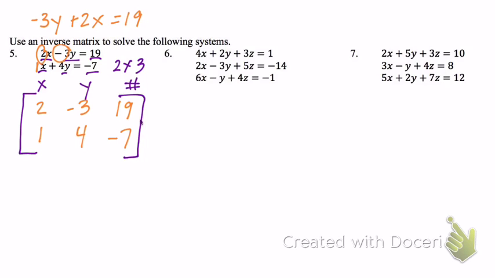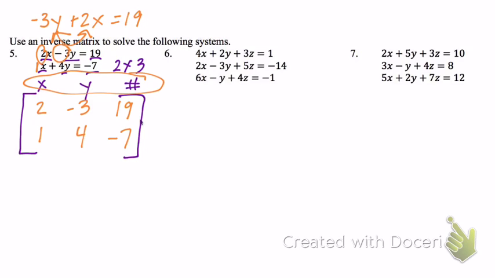I would need to switch these to make sure that it goes x, y, number. And so sometimes you have to manipulate your equations to be in the correct order. Like maybe they're not written in the same order. You must put x and then y and then number. Or once we get to 3 variables, x, y, z, number. So make sure that you write a note about that, because sometimes there will be examples where they're switched up.